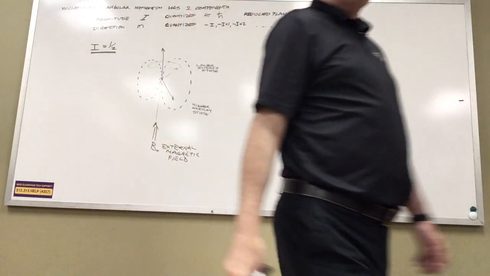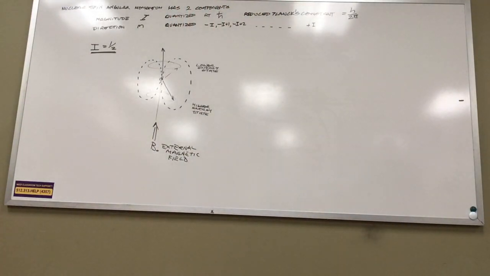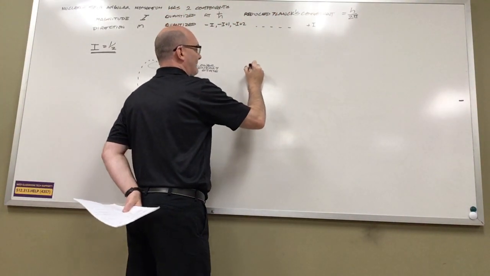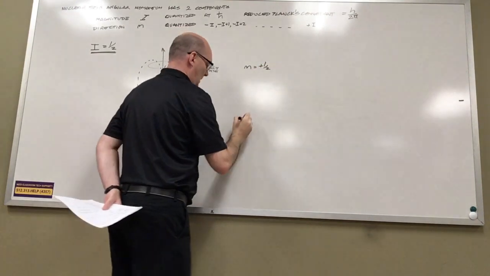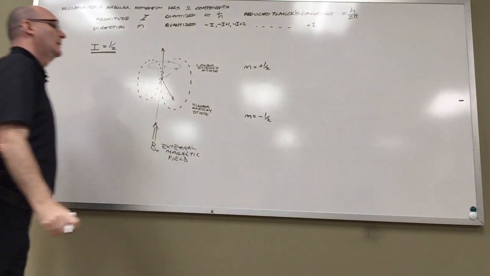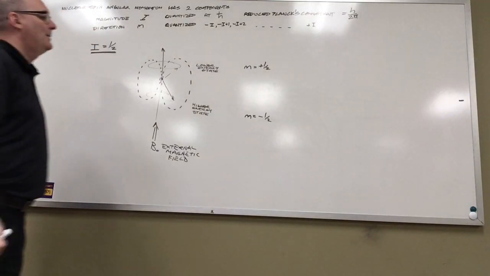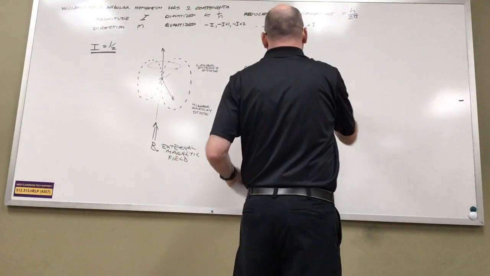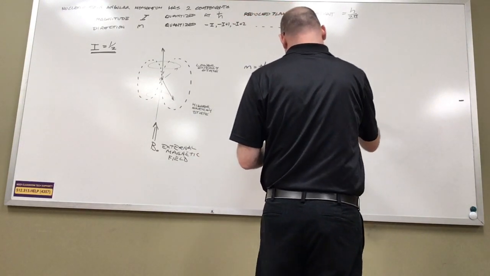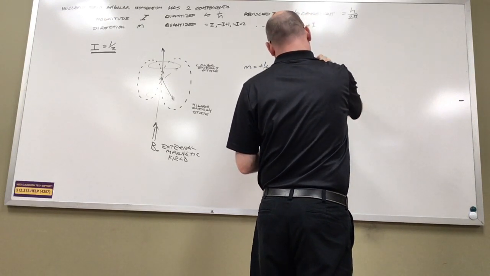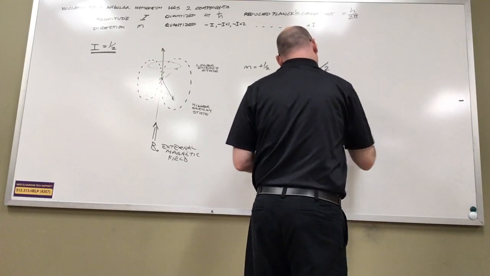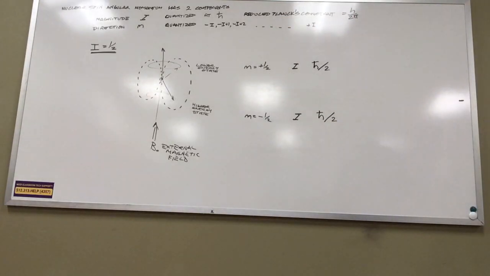And the lower energy state has m, direction of plus a half, and the one that's resisting the flow has direction of m minus a half. These both have magnitudes h bar over 2.